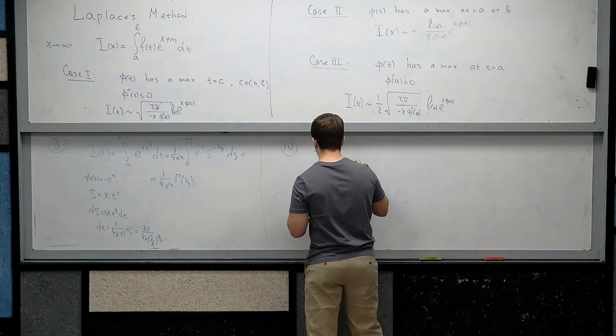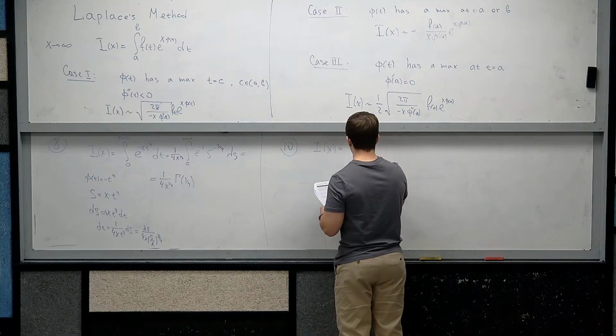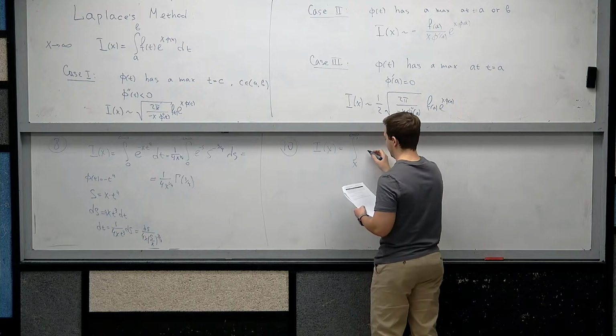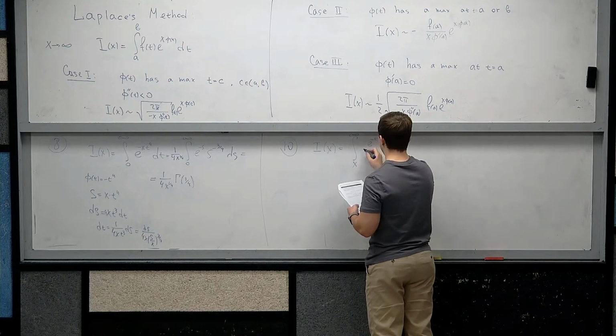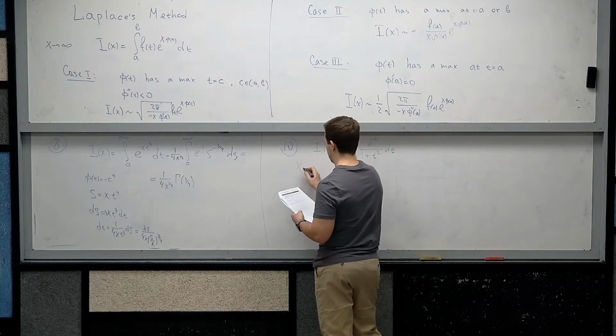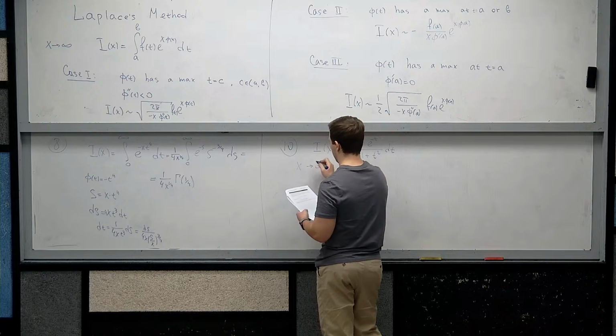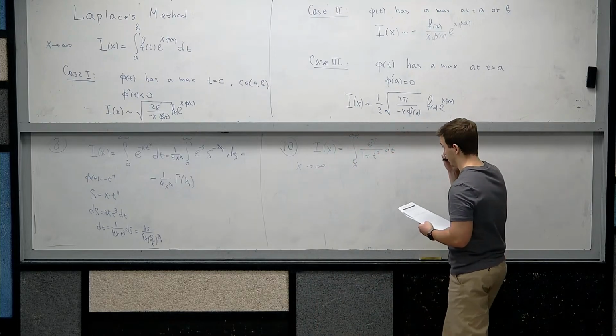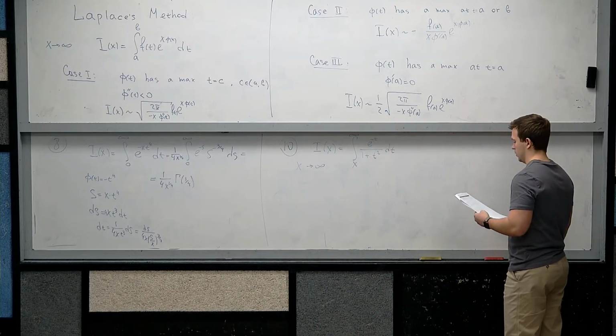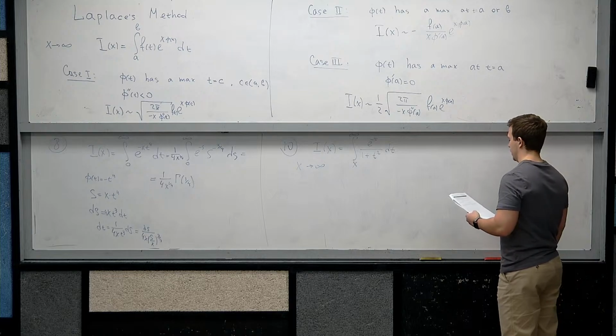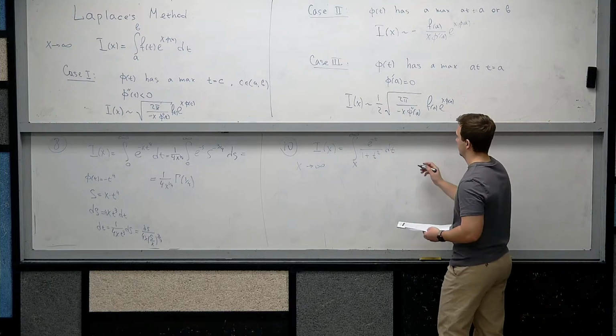The integral from x to infinity of e to the minus t divided by 1 plus t squared dt, again as x goes to infinity. So we'll try integration by parts.